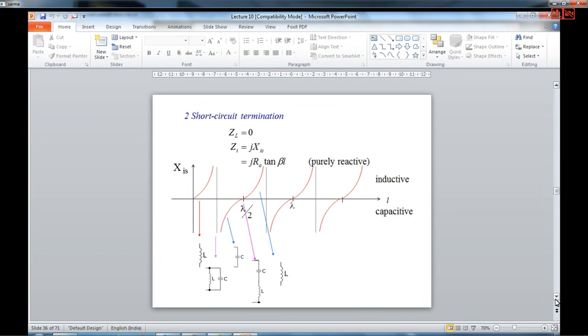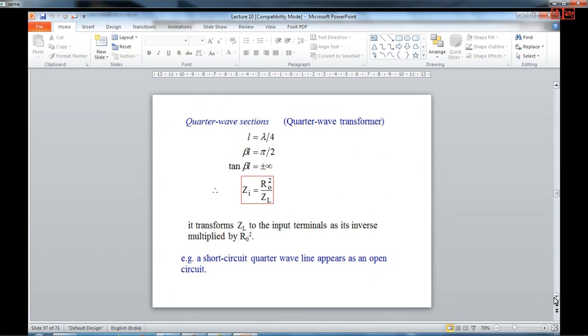Whereas a short circuited line, if the length is less than lambda by 4, is going to act like an inductor, and if the length is greater than lambda by 4, it's going to act like a capacitor. So for the capacitance and inductance effects, you will have lengths less than lambda by 4 or greater than lambda by 4, open circuited line, short circuited line. These are some of the applications.